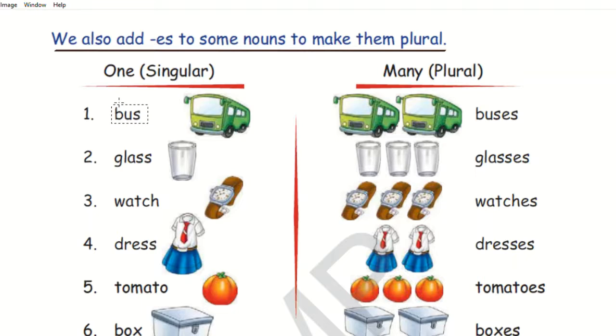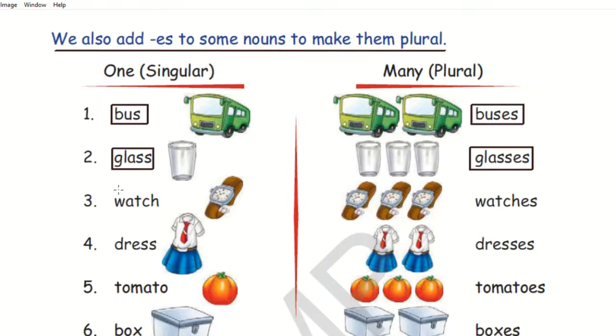One bus. Many buses. We add es to the word bus to make plural of it. One glass. Many glasses.